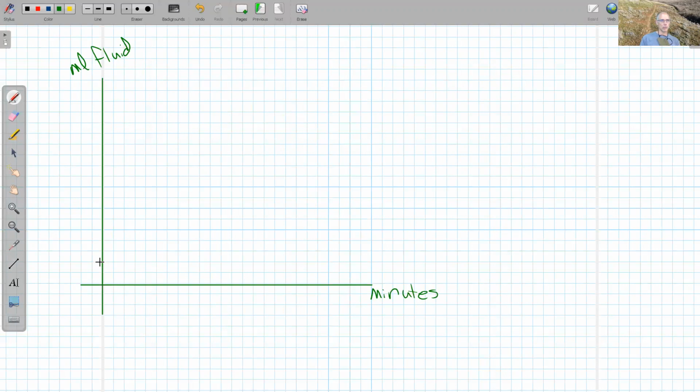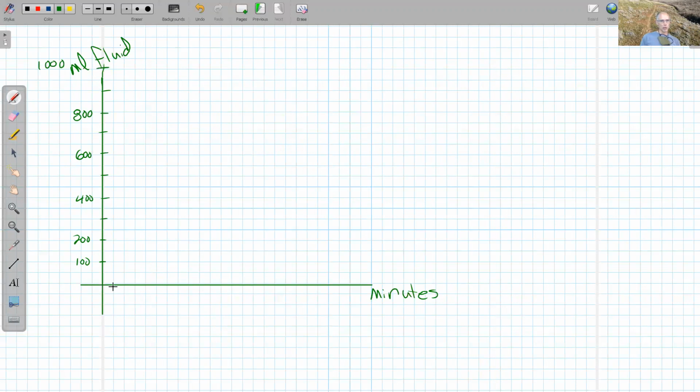So I need to scale this in such a way that I can see 1,000 and I can see around 300 minutes. So what if I went 10, 20, 30, 40, 50, 60, 70, 80, 90, 100 would be up here. And actually I should have gone 100, 200, 300, 400, 500, 600, 700, 800, and 1,000 would be up near the top.